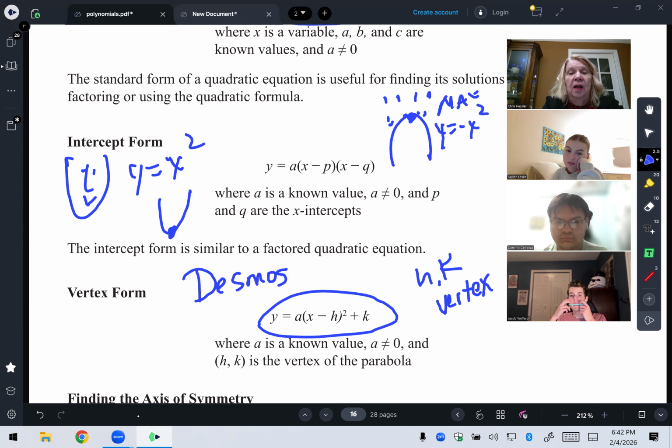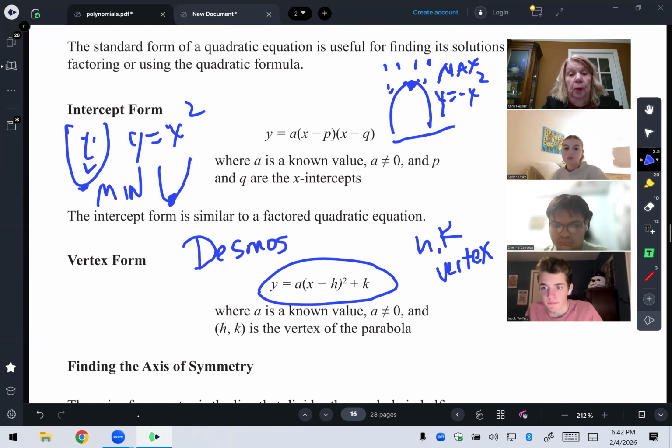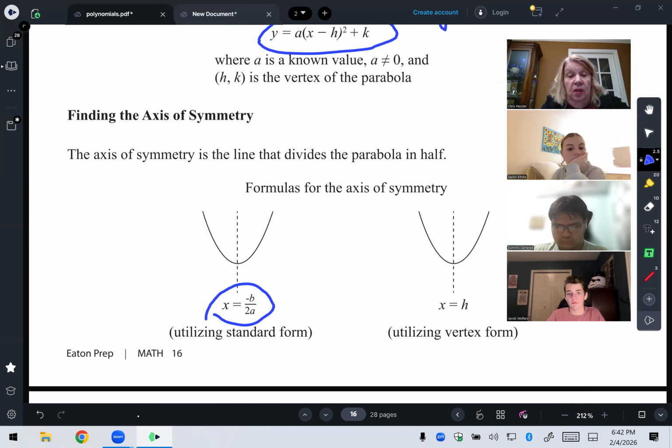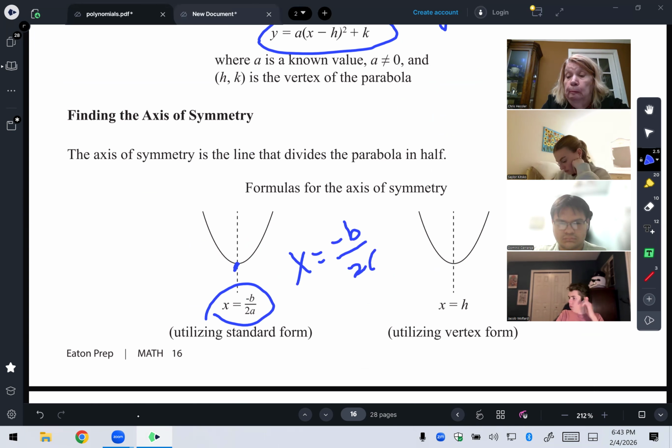So you have a max with a downward parabola and a minimum with an upwards parabola. And if you click on it in Desmos, it'll tell you what it is. Or you could use this. Do they give you this formula on the formula page? No, they don't give you this. But the way to get the vertex is going to be x equals negative b over 2a.